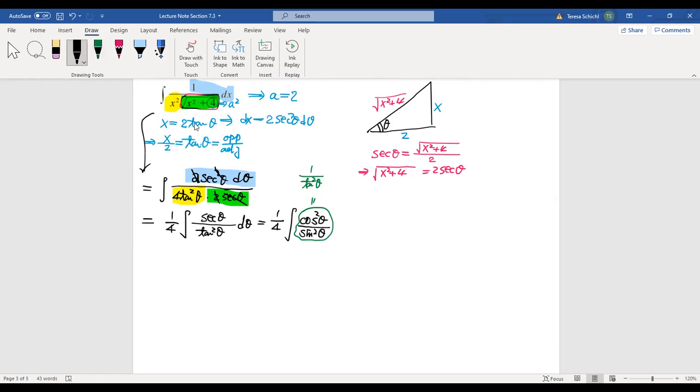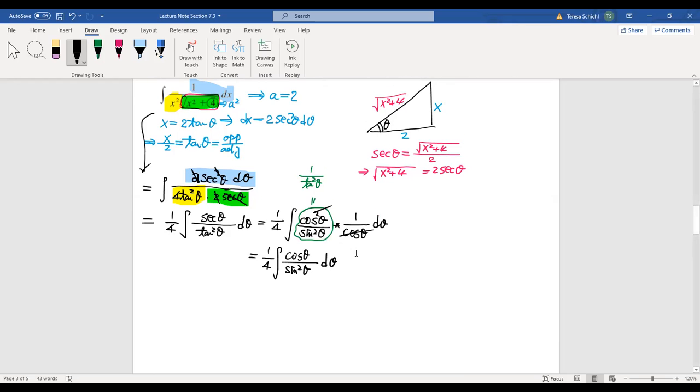And then times the secant is 1 over cosine theta d theta, right? Okay, now in here, I can cancel one cosine. So now we have 1/4, then this is the cosine theta over sine squared theta d theta.